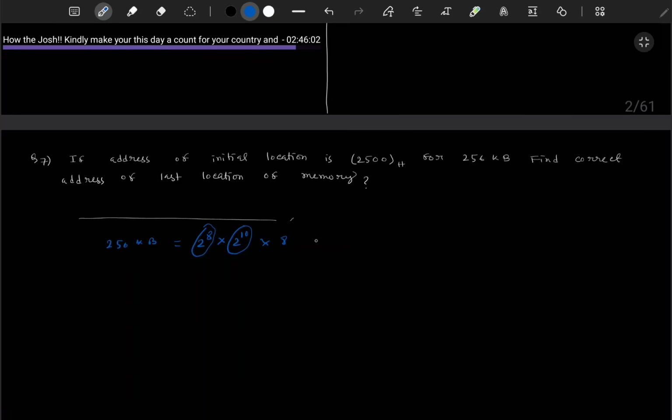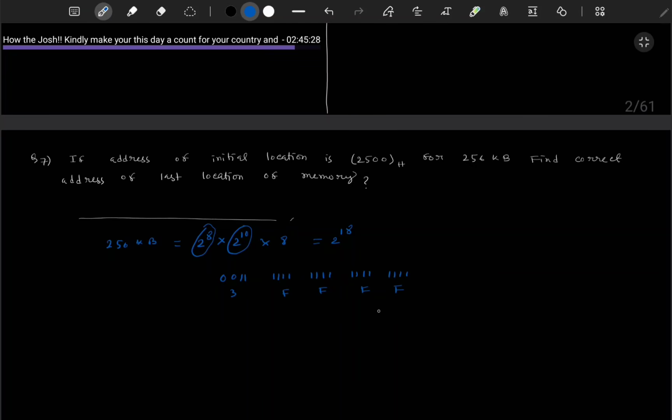Okay, so there are in total 2 to the power 18, so we can write it like this, 0 0 1 1 1 1 1 1 1 1 1 1 1 1 1 1 1 1. There are 18 ones are there. You can just check it.